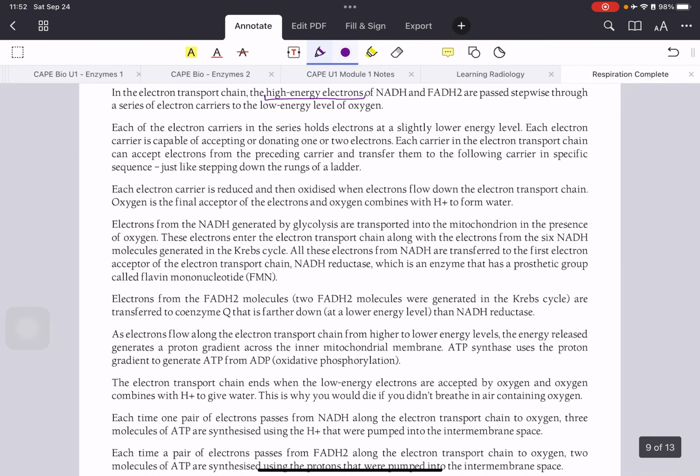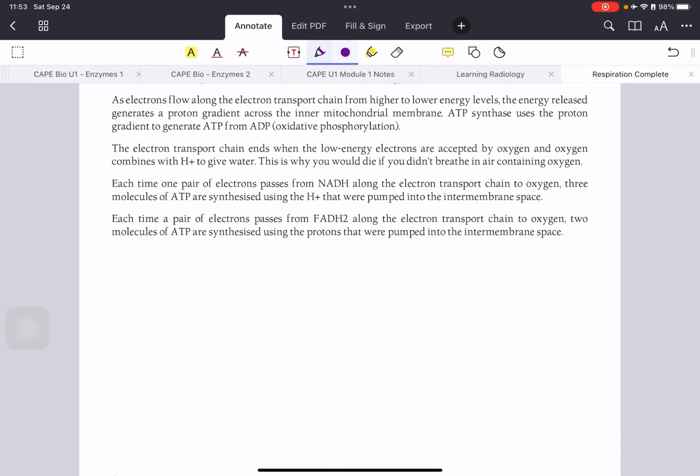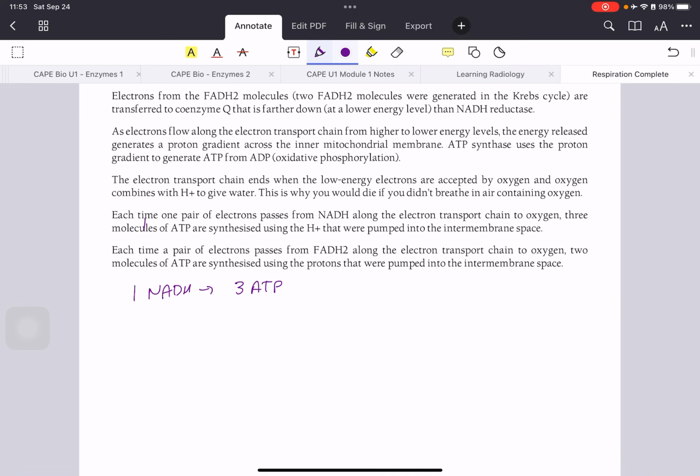Now, the different molecules, NADH and FADH2, give off different energies, right? So, essentially, one NADH molecule gives off 3 ATP. These electrons are very high energy, okay?